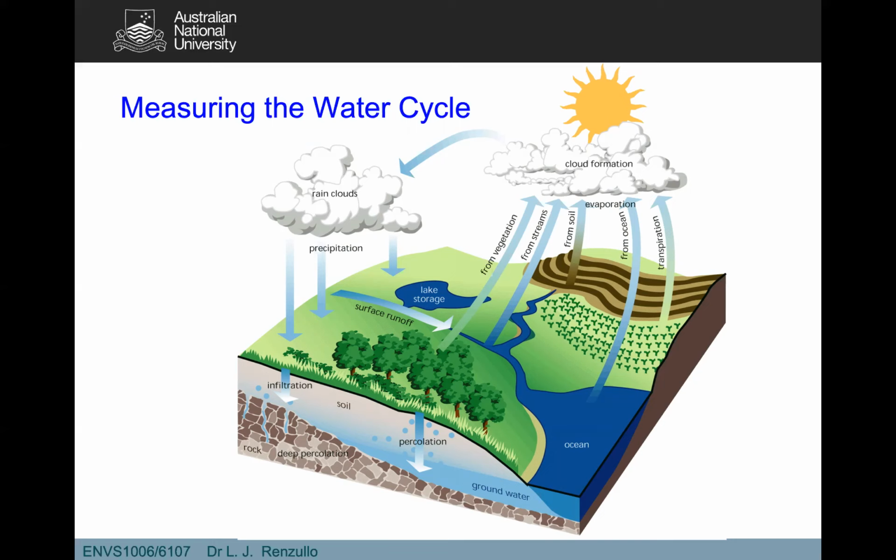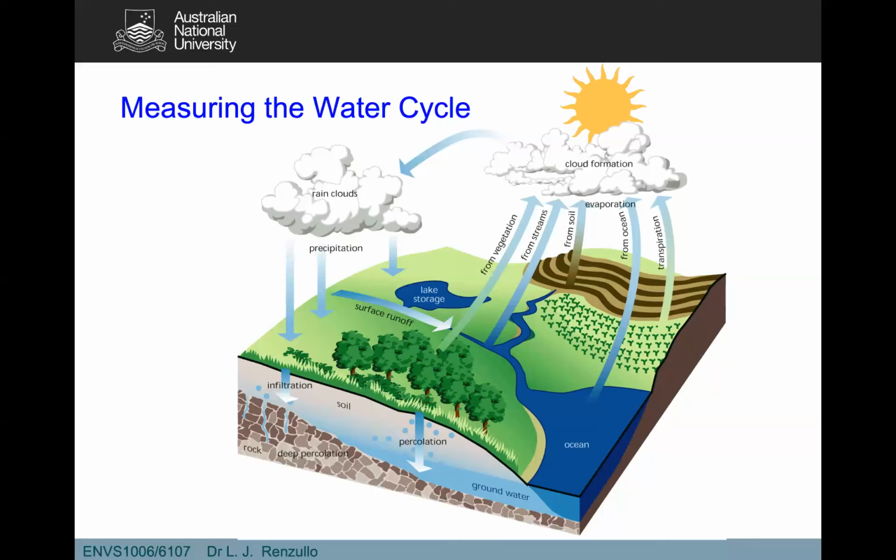Then you've got the bit that runs off from the surface. Sometimes rainfall can be at such a high rate that the ground can't soak it up fast enough, and it becomes surface runoff. Runoff follows the contours of the terrain, and it eventually finds its way to the lowest point of the terrain, which ultimately ends up in a lake or river, eventually the ocean.